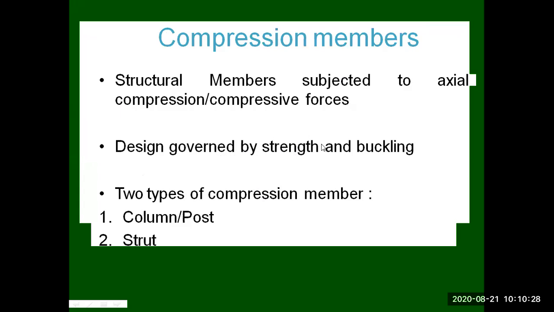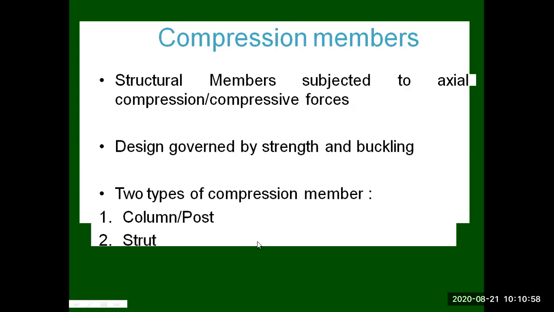As in tension member, we found the strength due to yielding of cross section, rupture of critical section, and block shear, because those were the failure criteria for tension member. Similarly here, design governed by strength and buckling means we have to calculate the design strength in this chapter.